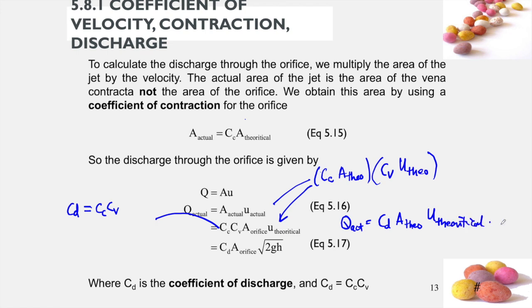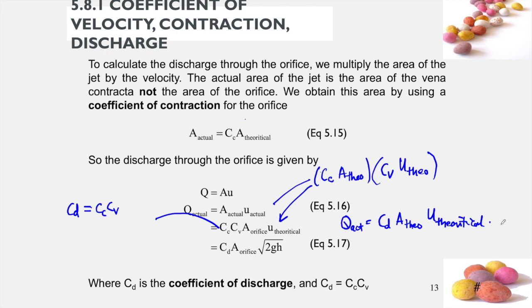Okay, that is the equation to solve for the actual discharge of your system, for the sharp edge orifice. It will be applicable to any of the equipment, not necessarily the sharp edge orifice.